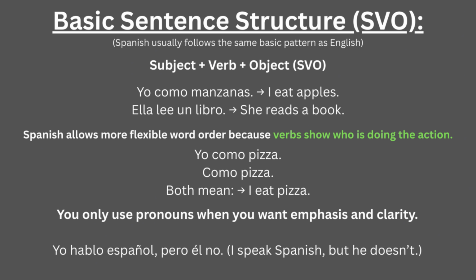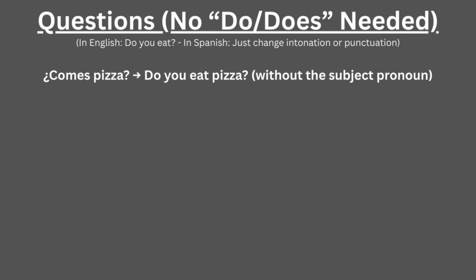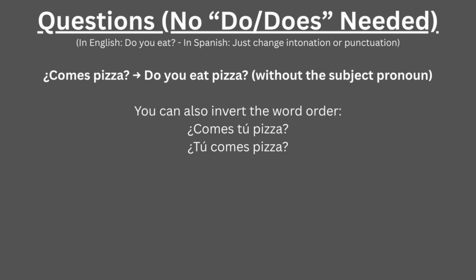One concept that Spanish does differently is the formation of questions, which is made by simply changing our intonation. In English, we have to use the auxiliary verb do or does, but in Spanish, it's not necessary. Even so, we can invert the word order, like in the phrase, do you eat pizza? ¿Comes tú pizza? ¿Tú comes pizza?